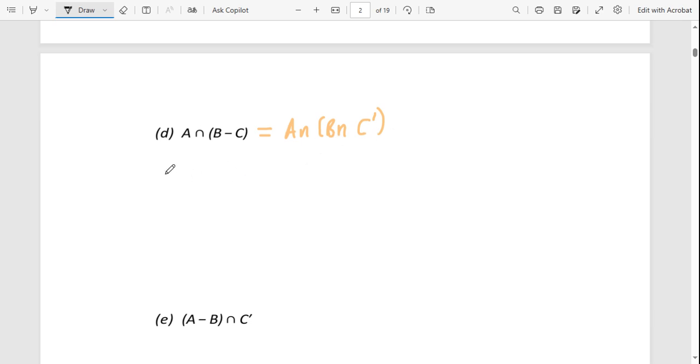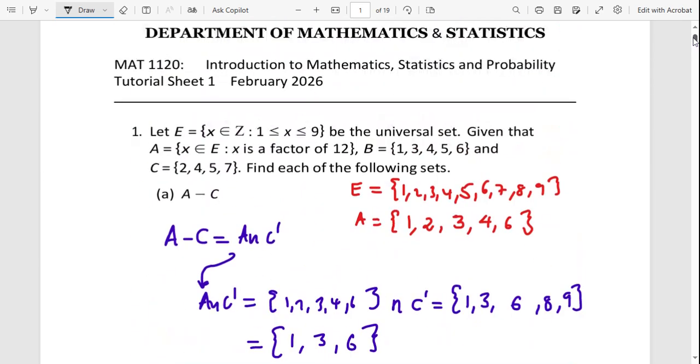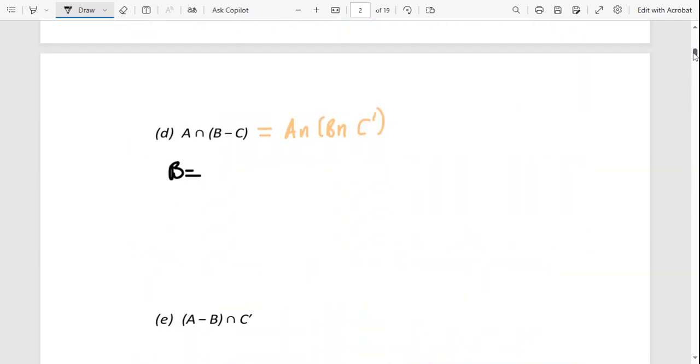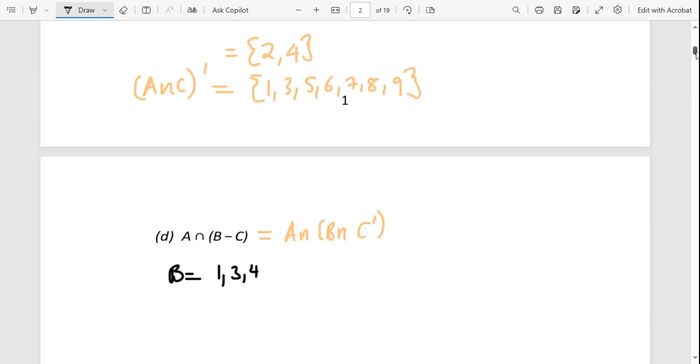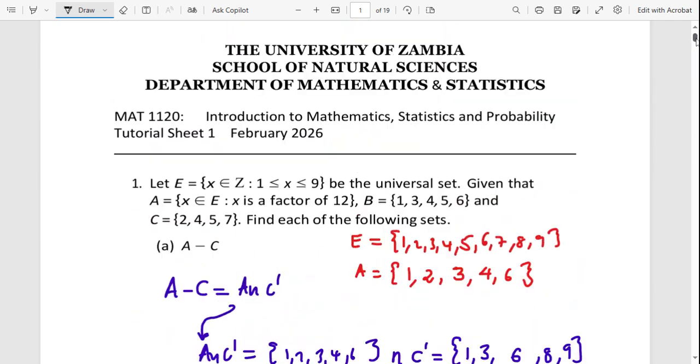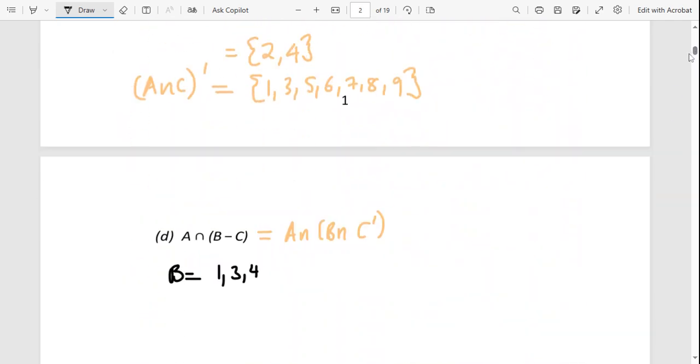Remember the set B is 1, 3, 4, 5, 6, intersection the set C complement.